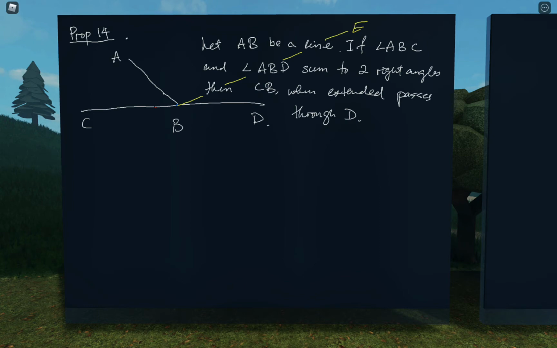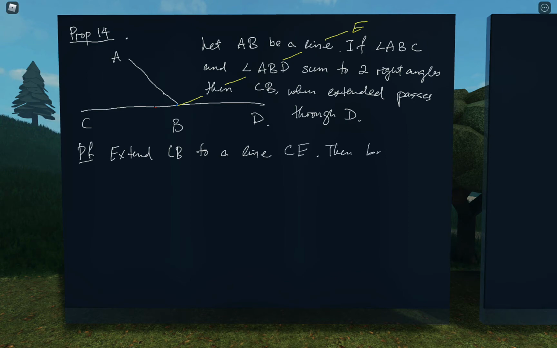And we're going to claim that, we're going to start with this, right? So we're going to extend CB to a line CE. So that's the yellow line right there.